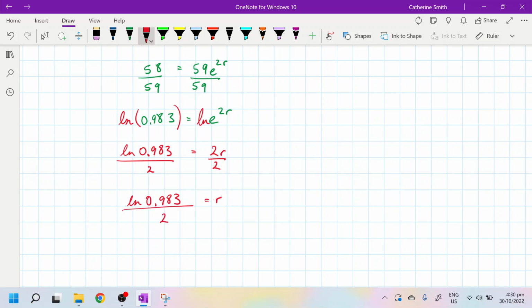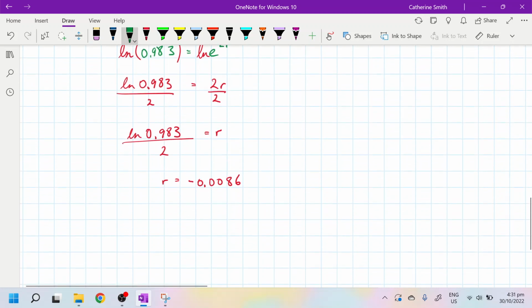So putting that now into the calculator, we get an r equal to negative 0.0086.